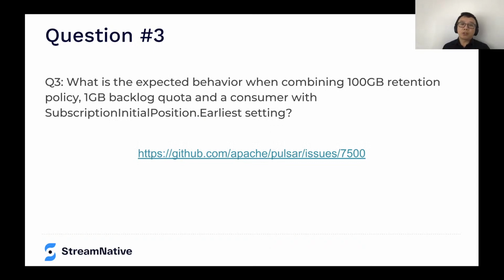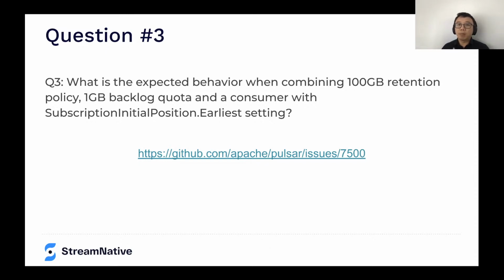And the last type of question actually comes from a GitHub issue, but I think that is more or less related. In Pulsar we have retention policy, backlog quota, and these cursor rewind or seek operations. When we combine these settings together, like in this question, I have a 100 gigabyte retention policy and a 1 gig backlog quota.